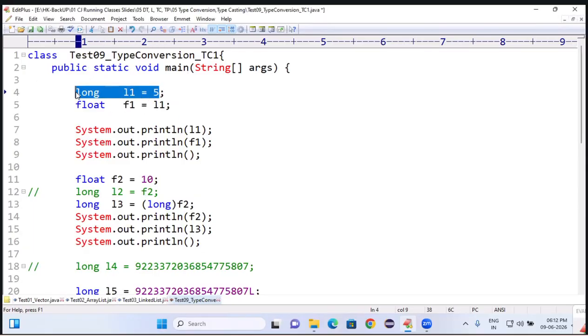I can assign 5 to long. I can assign long to float. No compile time error.